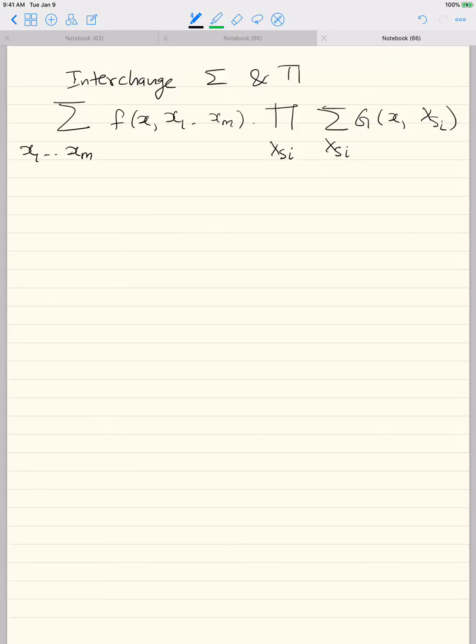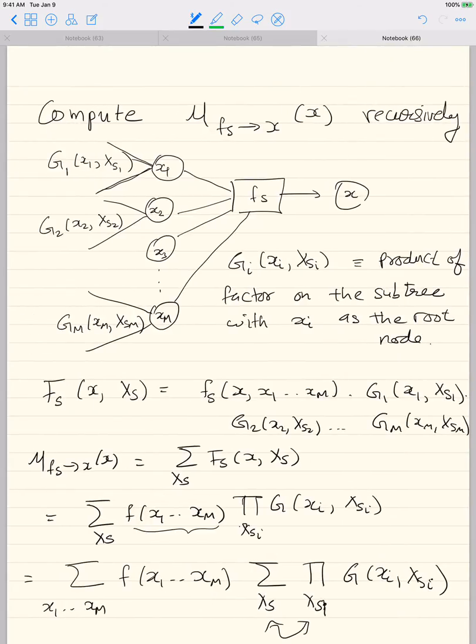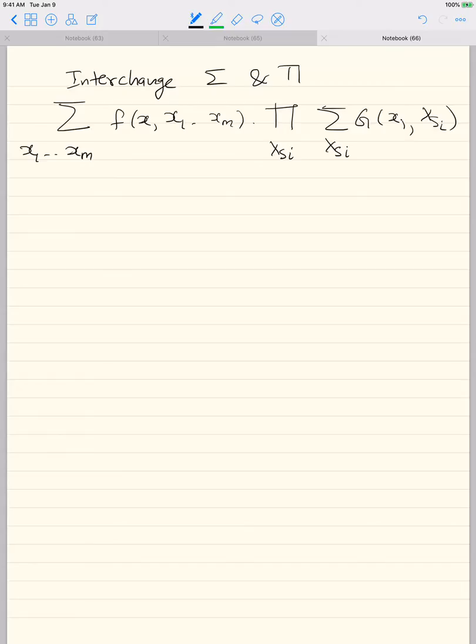Okay. What we will do next is we will define, and this should be xi, right? I should put xi everywhere. Yeah, this has to be xi. Now what we will do is we'll define mu of xi to fs as the inner summation.